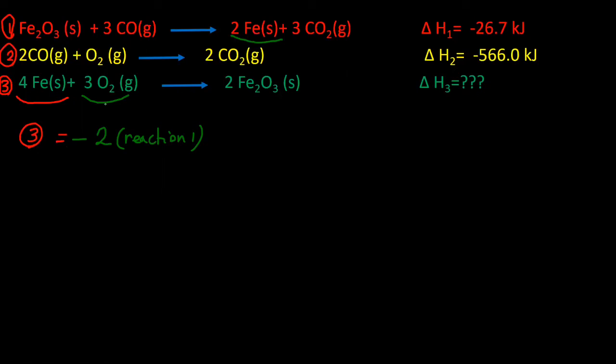I need oxygen in my reactants. In reaction number 2, I have oxygen in my reactant, but the coefficient here is 3 and here I have 1. So I need to add 3 times reaction number 2. For Fe2O3 in products, I have 2 here, and I have Fe2O3 in reaction number 1. So I need the reverse of reaction number 1 and times 2, which we already did. So let's see if it's correct.